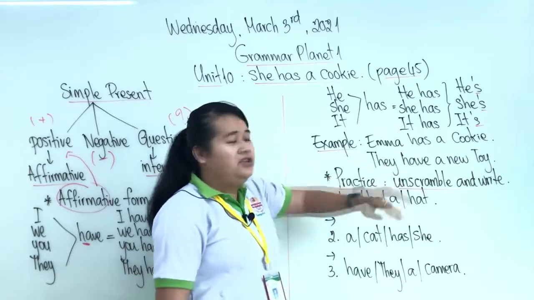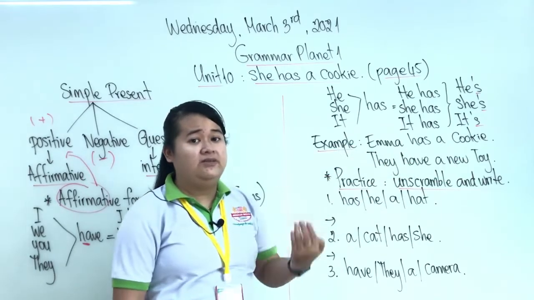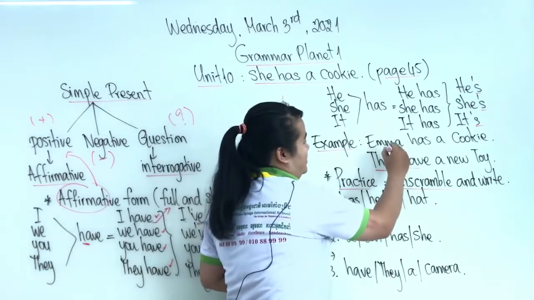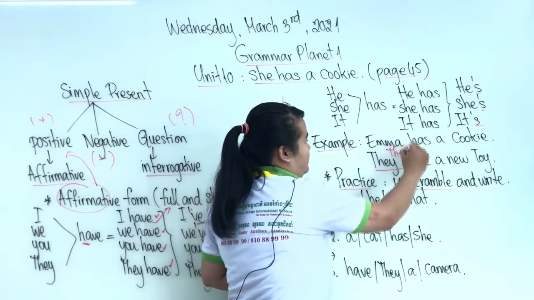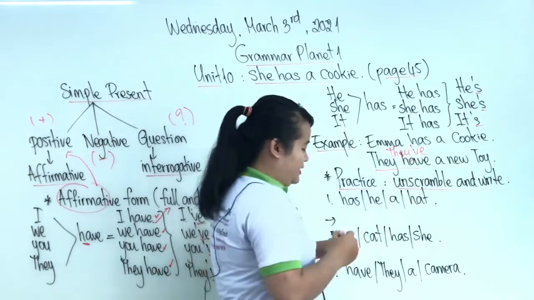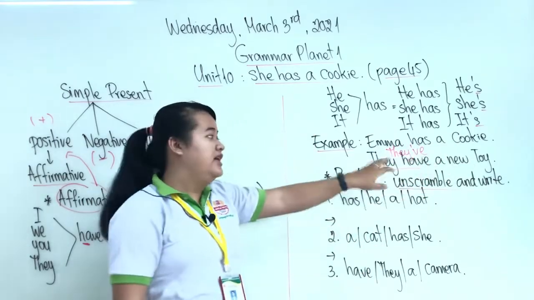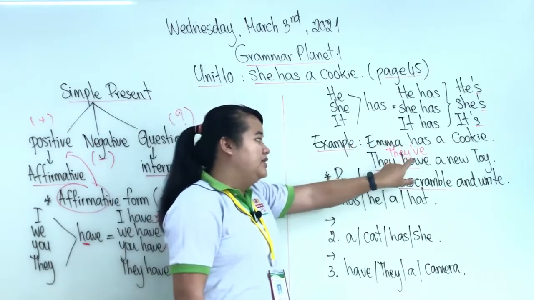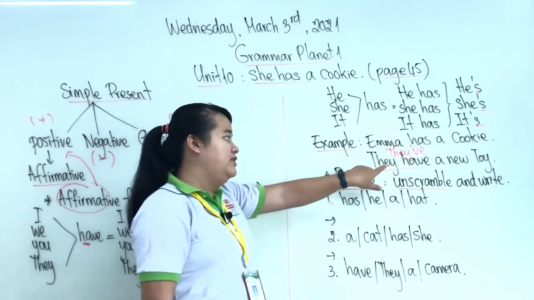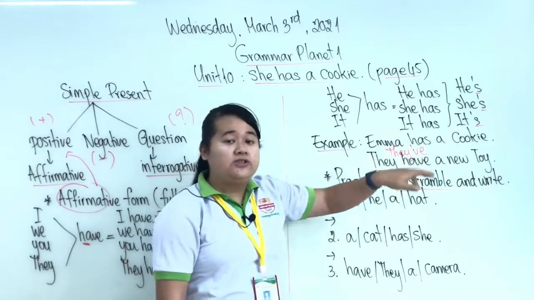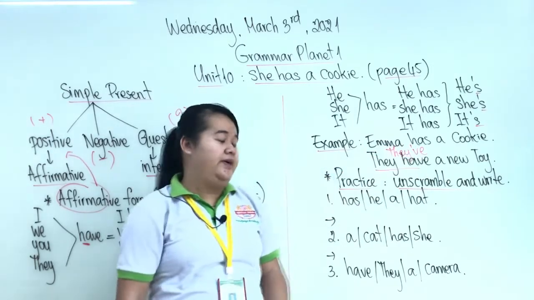They have a new toy, the teacher can write in short form also: they, apostrophe, ve, have a new toy. So in the two forms, you can write in full form or in short form. All of these are correct, right?